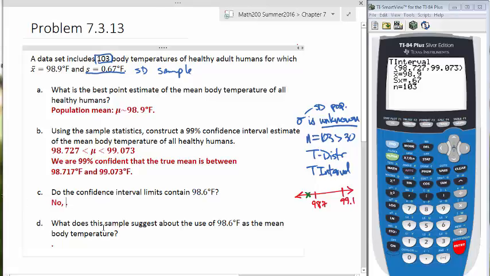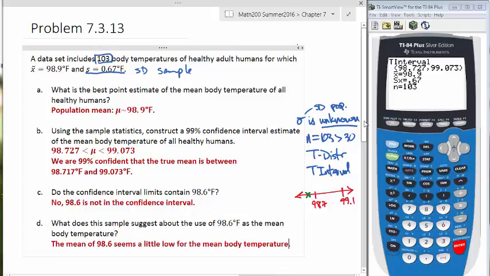So we'll say no, 98.6 is not in the confidence interval. And then our last question, what does the sample suggest about 98.6 as a mean body temperature? Well, based on this, we're 99% confident that the true mean should be between 98.7 and 99.1. So it looks like we're a little short here, and we can say that the mean of 98.6 degrees must seem a little low.